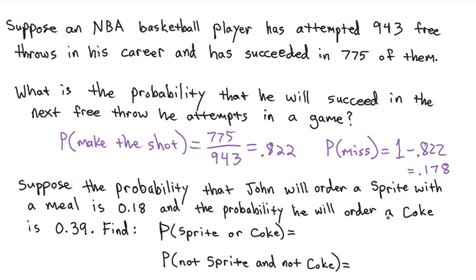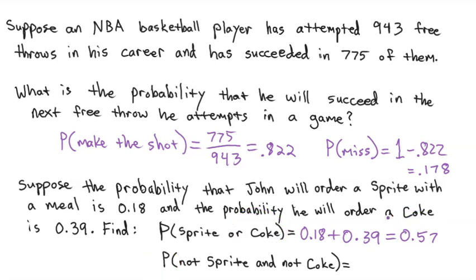Well, we just add the 2 together. The probability of a Sprite is 0.18, plus the probability of ordering a Coke is 0.39. If we add those 2 together, we get 0.57. So the probability that he will order either a Sprite or a Coke is 0.57.